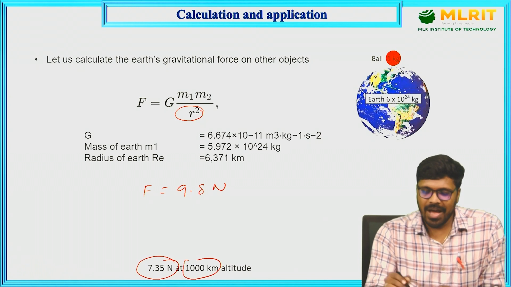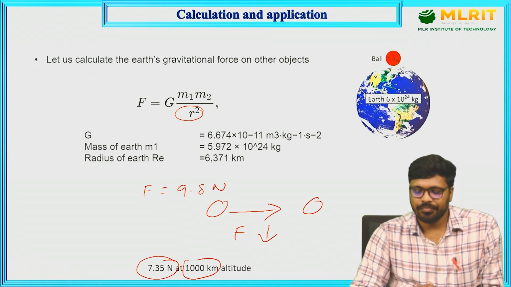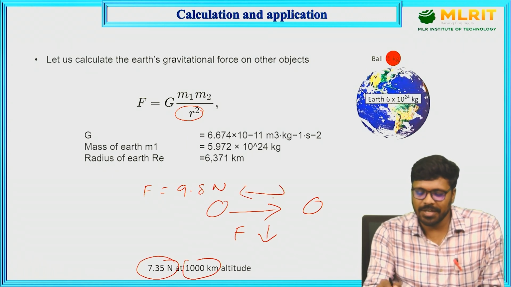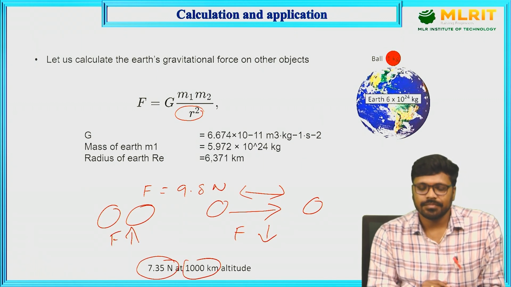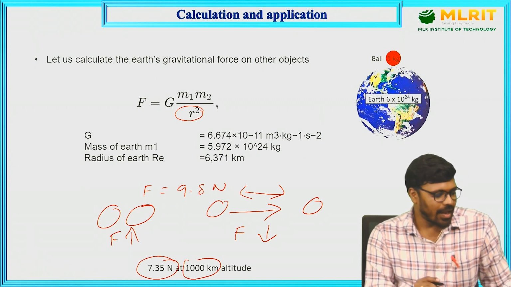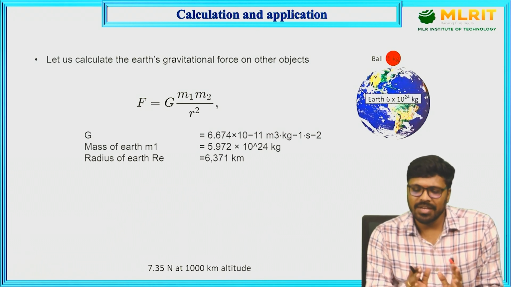That's why as the distance between the objects increases, the force decreases. As the distance decreases, the objects come closer, and the force increases. This is how we calculate the gravitational force of attraction between any two bodies.